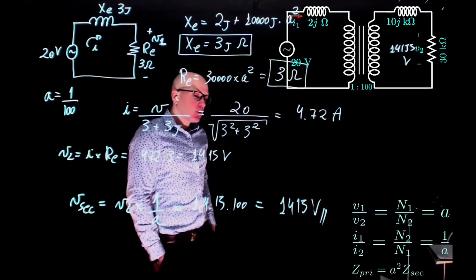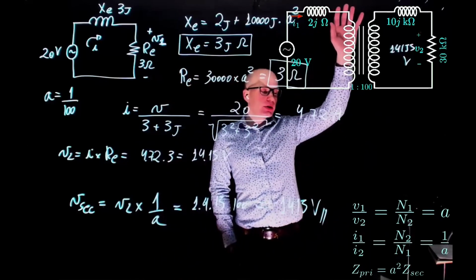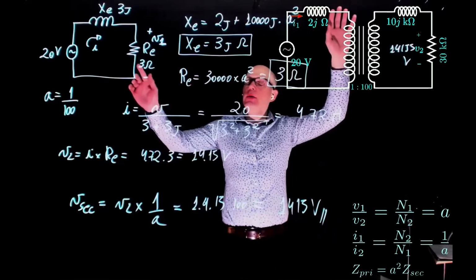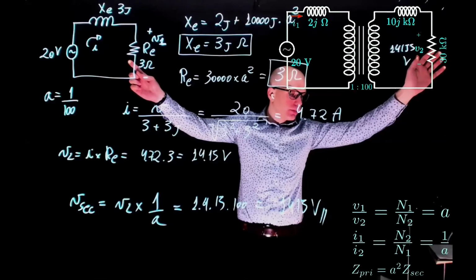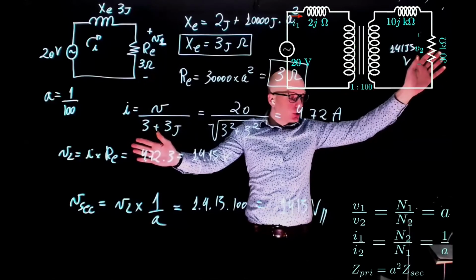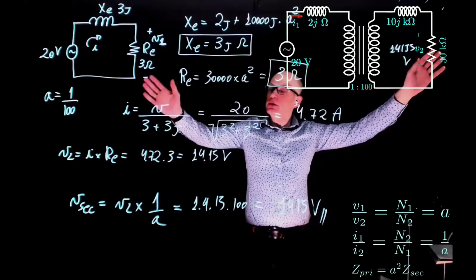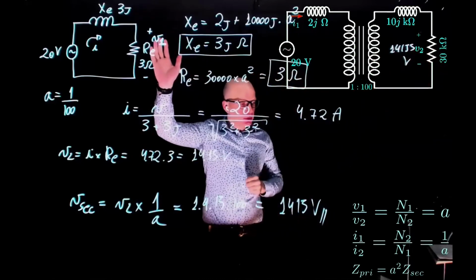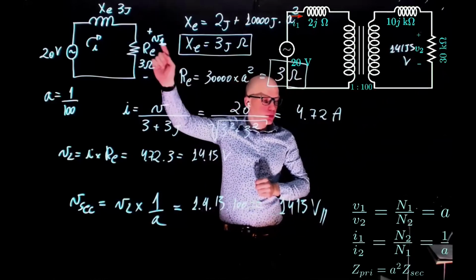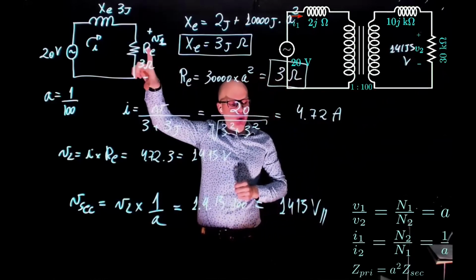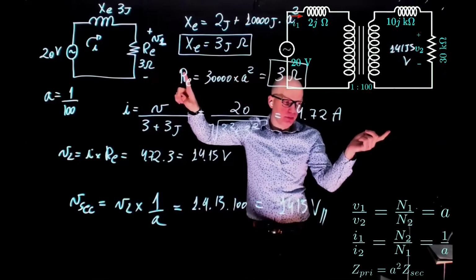Yeah, it's a very good question. Let me repeat the question because it's very important. If we add another resistor here, then our R equivalent would be that resistor plus this resistor times A squared. Now, this approach would not work to find the load voltage directly. We would need to find the voltage only across the load, the one that represents the load in the primary, and then transfer that to the secondary.